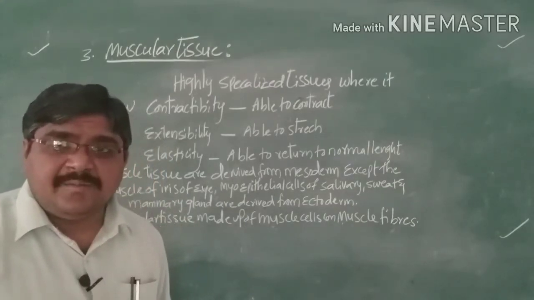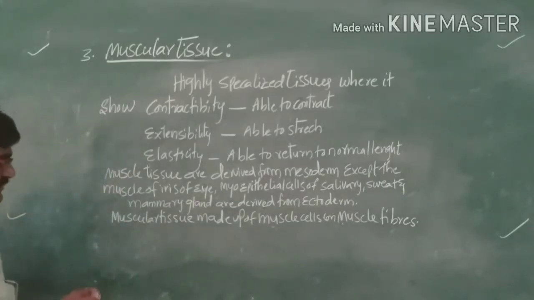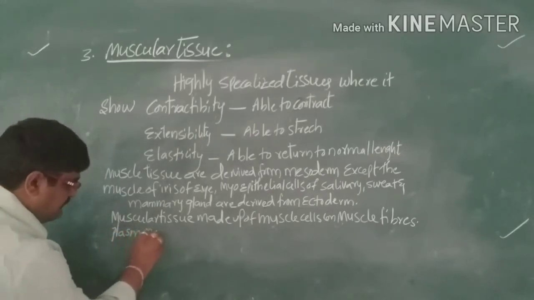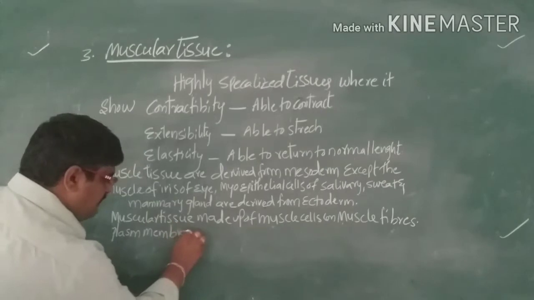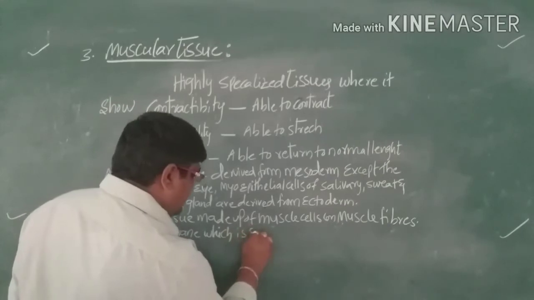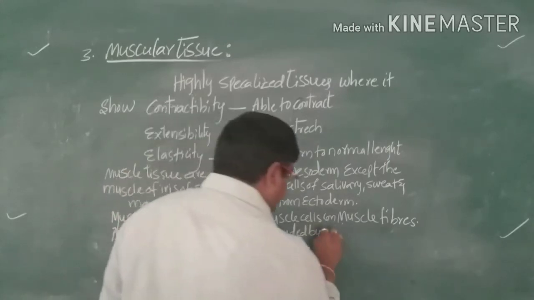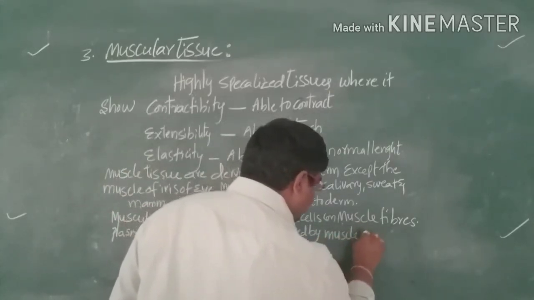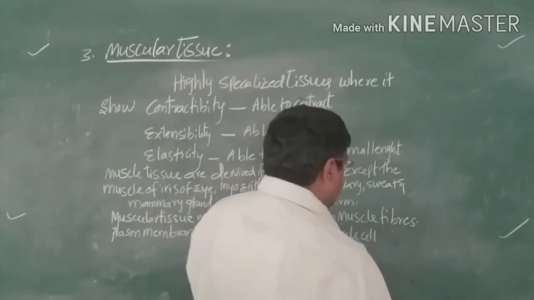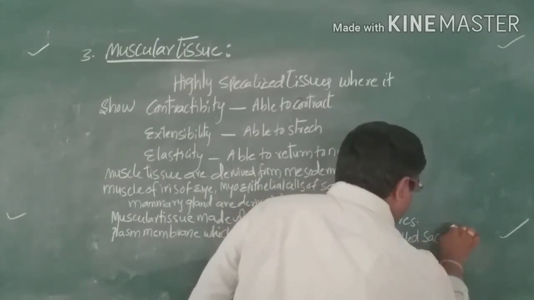The muscle fibers are surrounded by a thin plasma membrane. The plasma membrane which surrounds the muscle cells is called the sarcolemma.